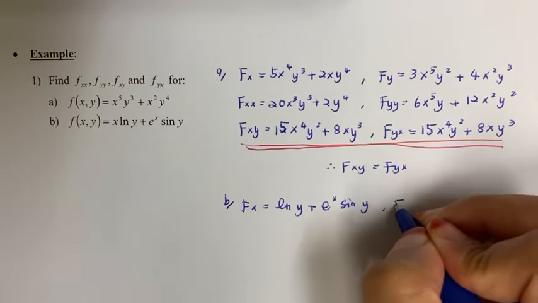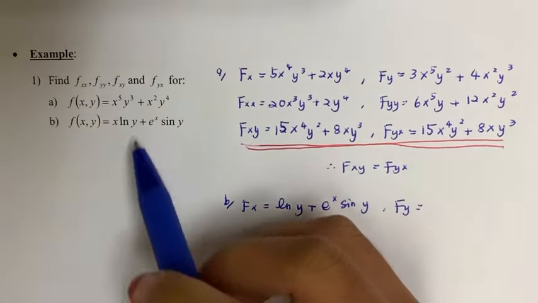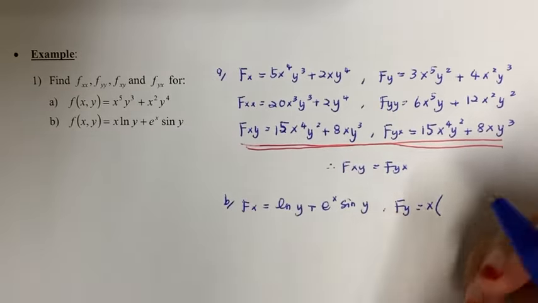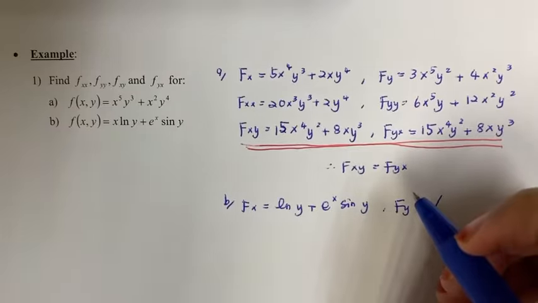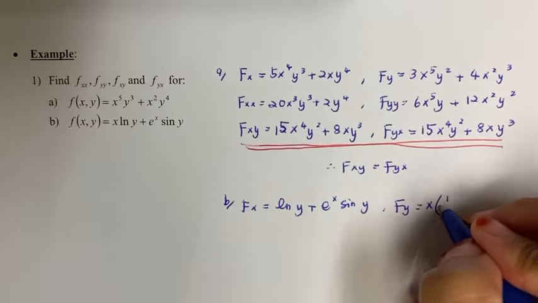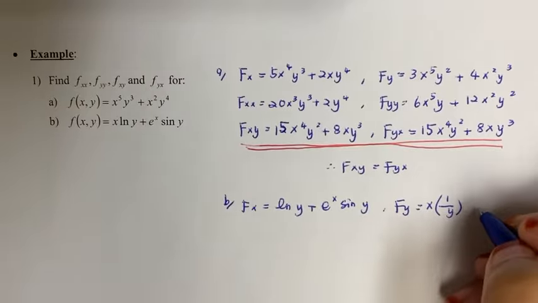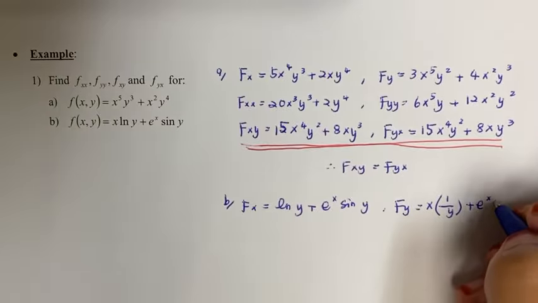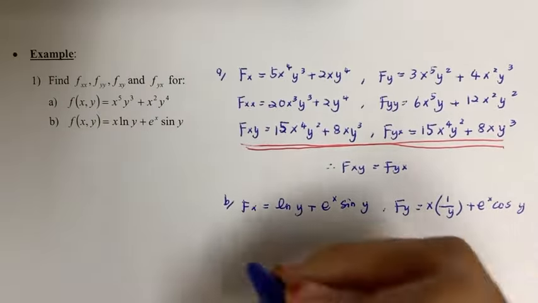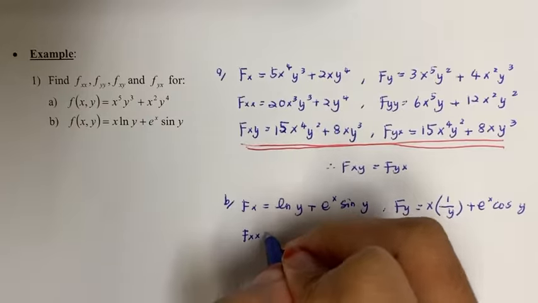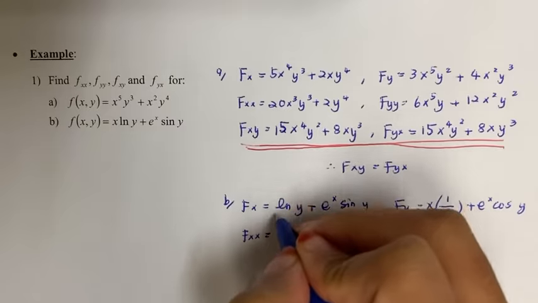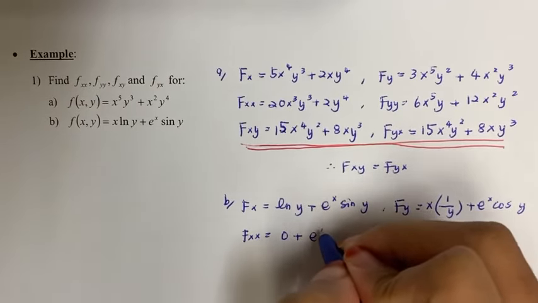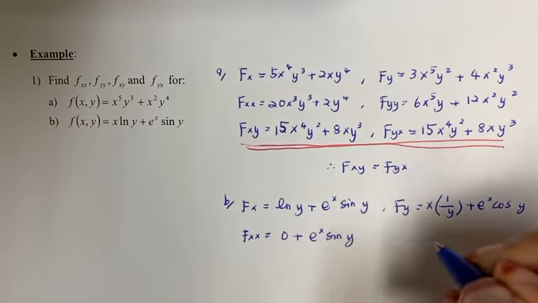Okay, for fy, x is your constant. Differentiate ln y, refer to the table: differentiate ln y is 1 over y, plus exponent x, differentiate sine y is cos y. For fxx, differentiate with respect to x: here you have 0 plus, differentiate exponent x is exponent x, sine y remains.